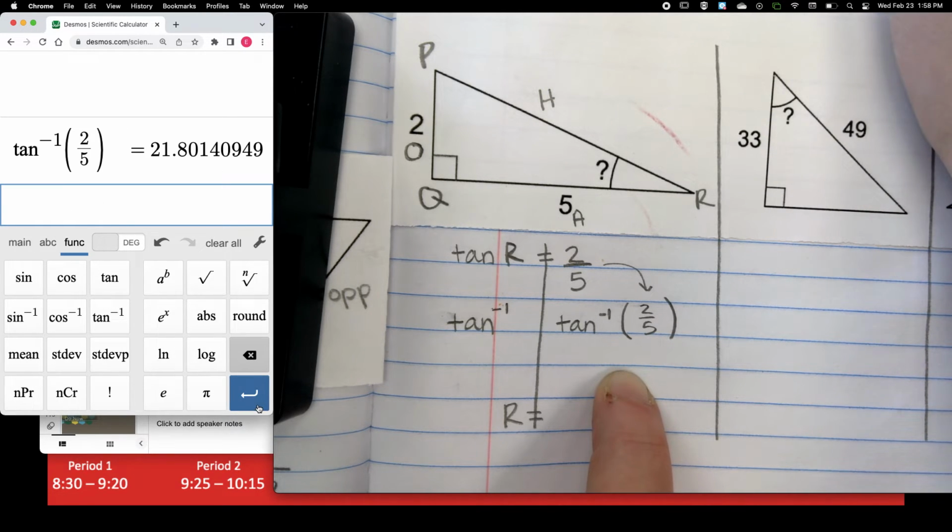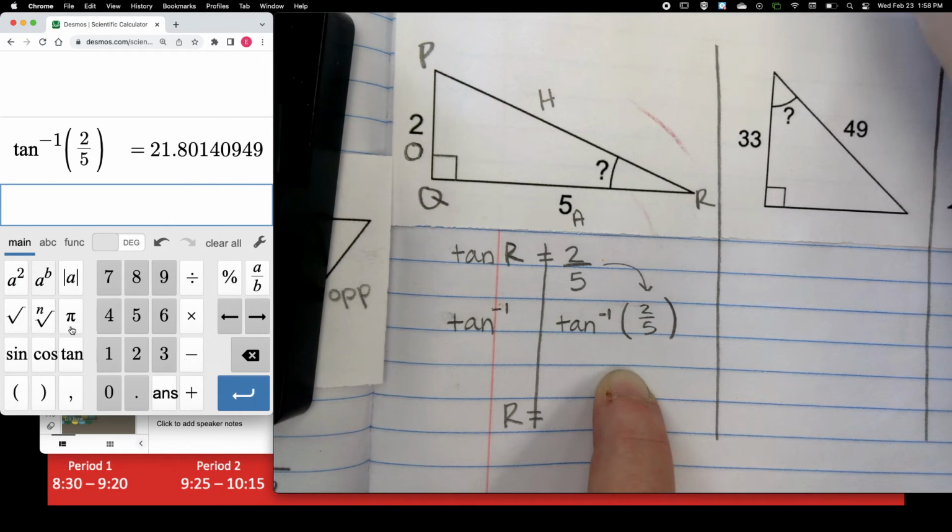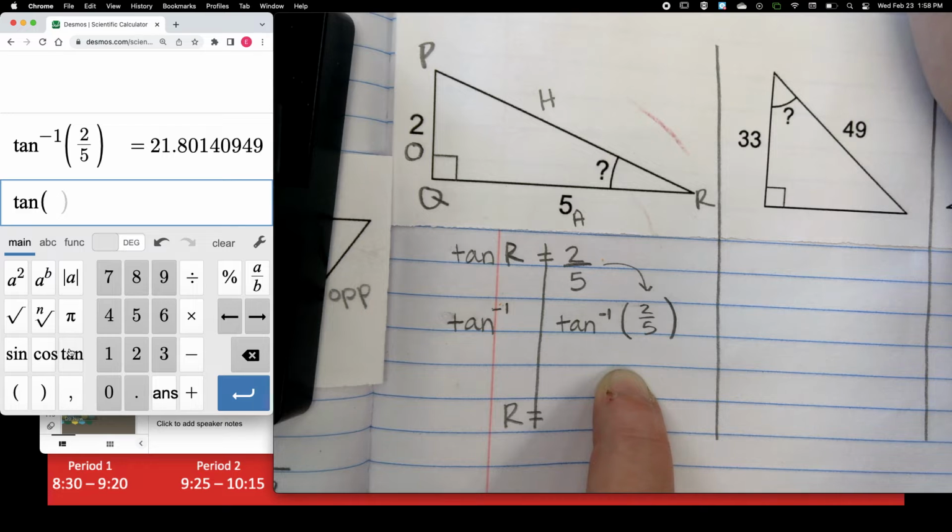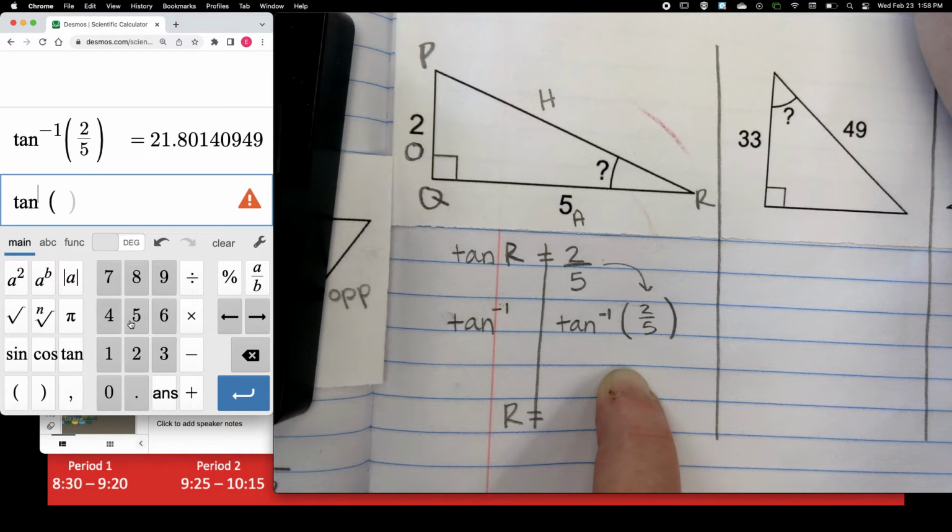Another way of doing it is if you're still on the main and you want to stay on this, you can do tangent, and then you have to click in between the parenthesis and the tan, and we can do an exponent of -1. So you can type in that -1 if you want, and then 2 divided by 5. Whichever way is easiest for you.